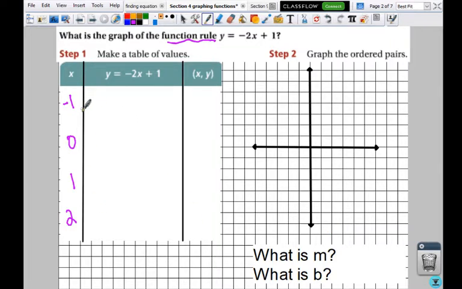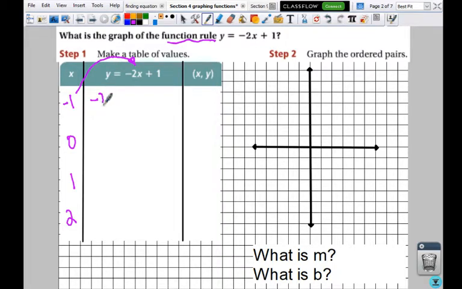And what we're going to do is we're going to take these x's, and we just made these x's up ourselves. And we're going to plug them into our equation up here, into this x. And when we solve it, we're going to get a y. And after we get our y, we can graph that point on our graph. So I'm going to start with -1. I'm going to plug -1 in here for my x.